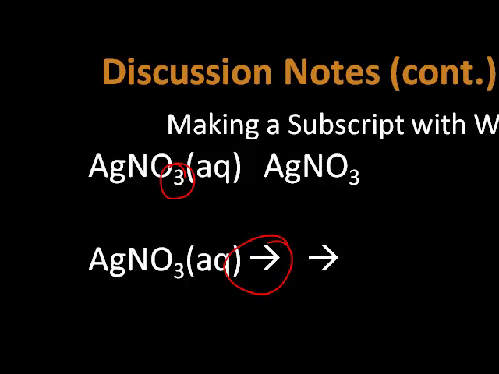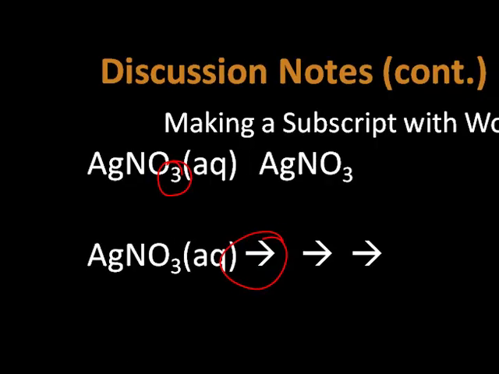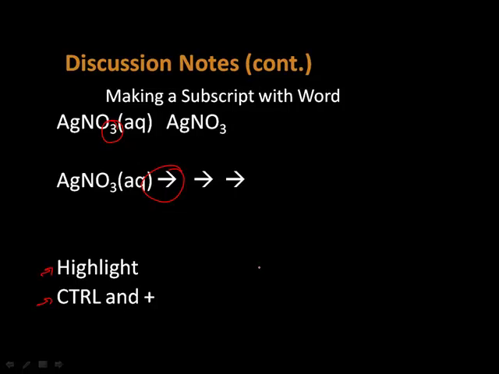So I'm just typing this into PowerPoint dash, arrow, and it's appearing. You can even go the opposite direction. There's my backwards dash, and it makes the arrow there if you wanted to go a reverse reaction, which we won't be doing for a while, so we'll make that disappear real quick. So this is how to make a subscript with Word, and this is how you're going to help write up your lab write-up.